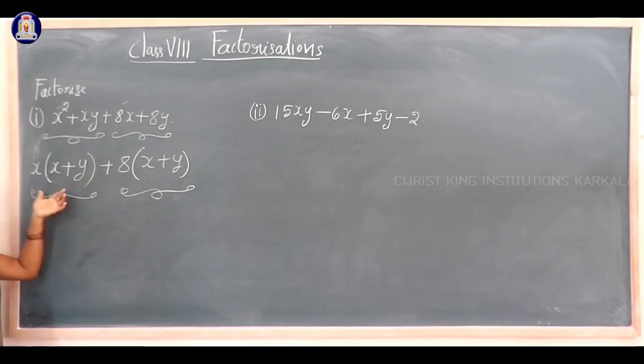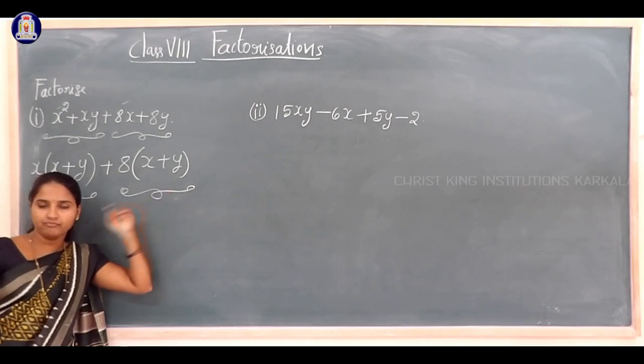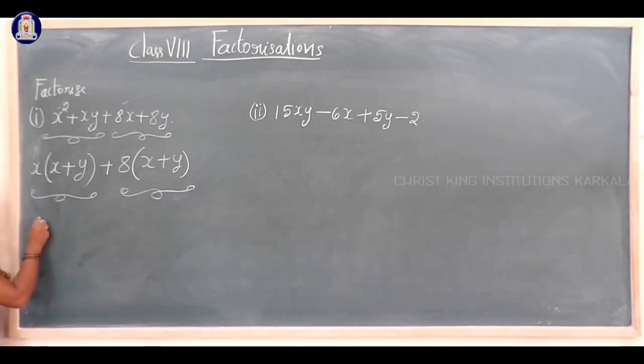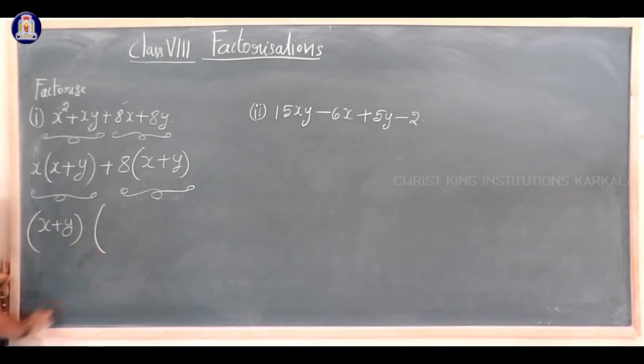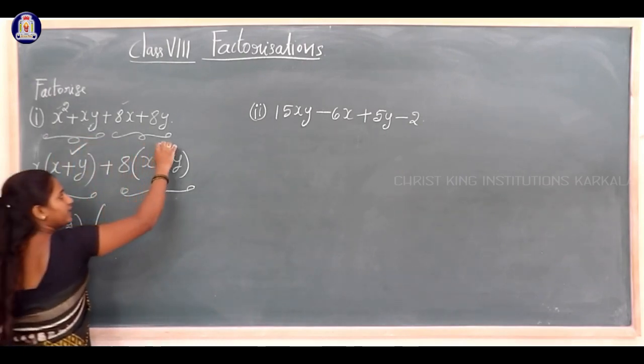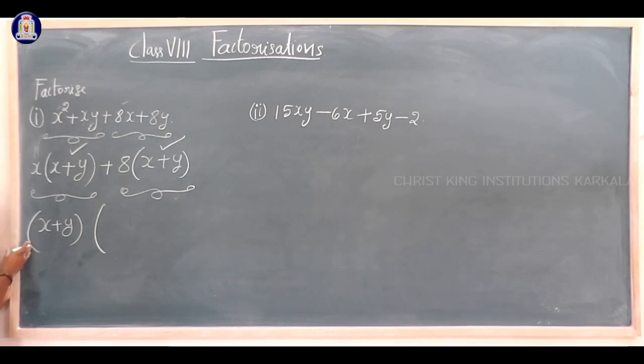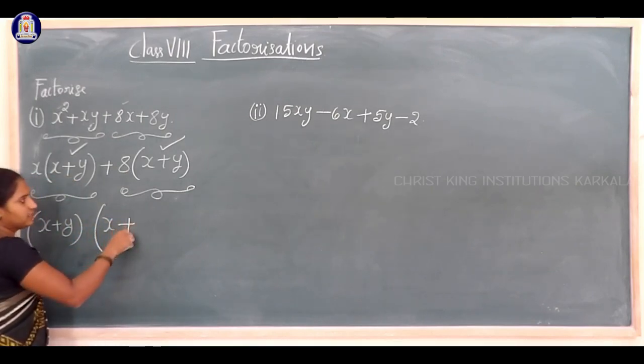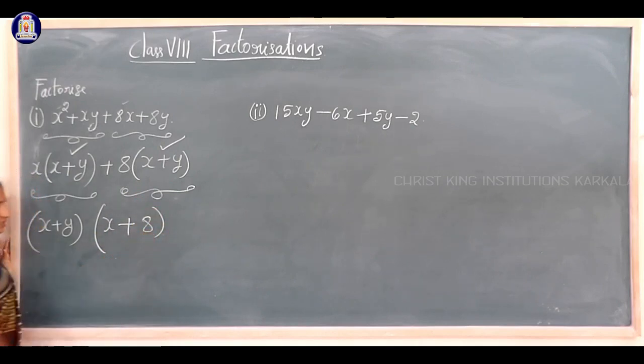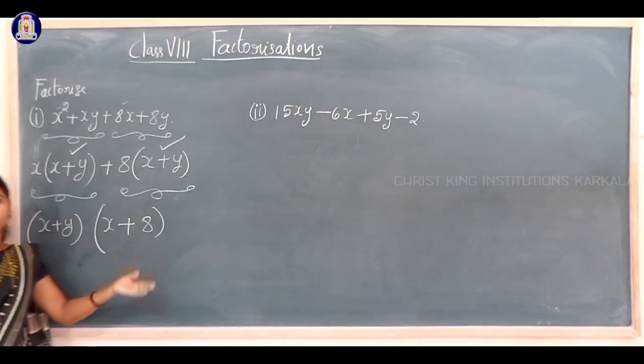Next, again see, x into x plus y plus 8 into x plus y. In this x plus y is common, the same, and the remaining factor. If you take x plus y outside, what is the remaining in this term? The remaining is x, and here the remaining is 8. So now x plus y is one factor, x plus 8 is another factor. Clear?